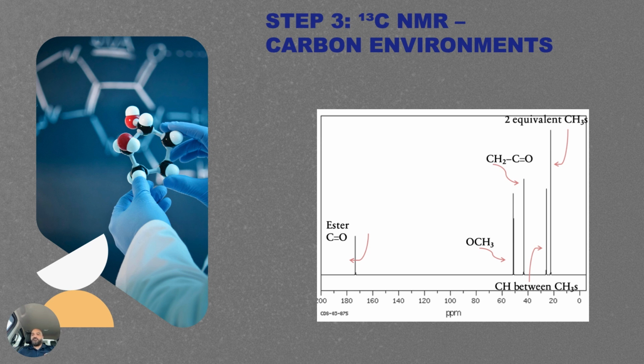Next up is the 13C NMR spectrum, where we see 5 peaks total, fewer than the 6 carbons in the molecular formula. That tells me that 2 carbons are chemically equivalent, which is a subtle but powerful clue. We have a strong downfield signal at 174 ppm. That's our ester carbonyl. At 51 ppm, we see the classic OCH3 carbon.